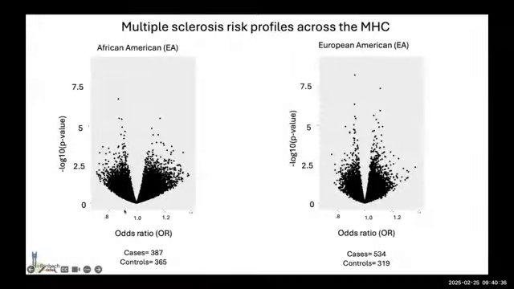This gives you the spectrum of risk and protective effects of the SNPs in relationship to their significance. Outliers are generally going to be our signal. And this is for the whole population, each separately.